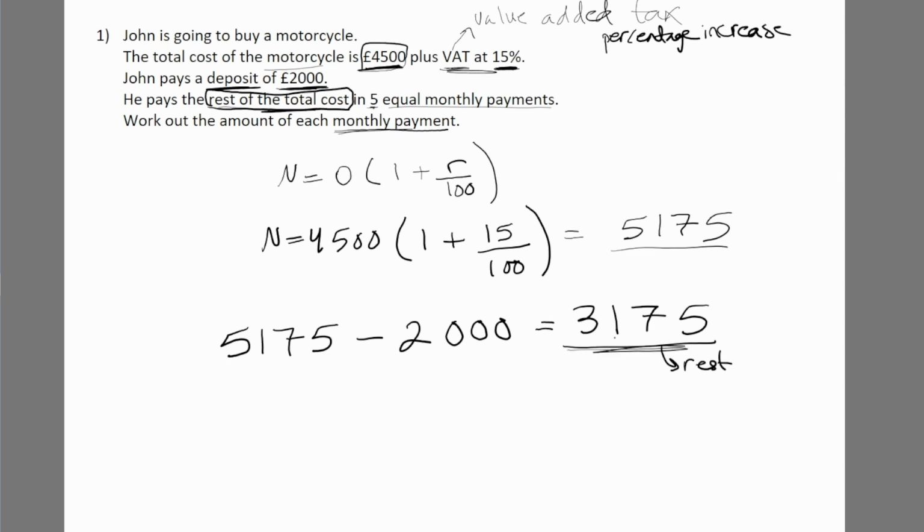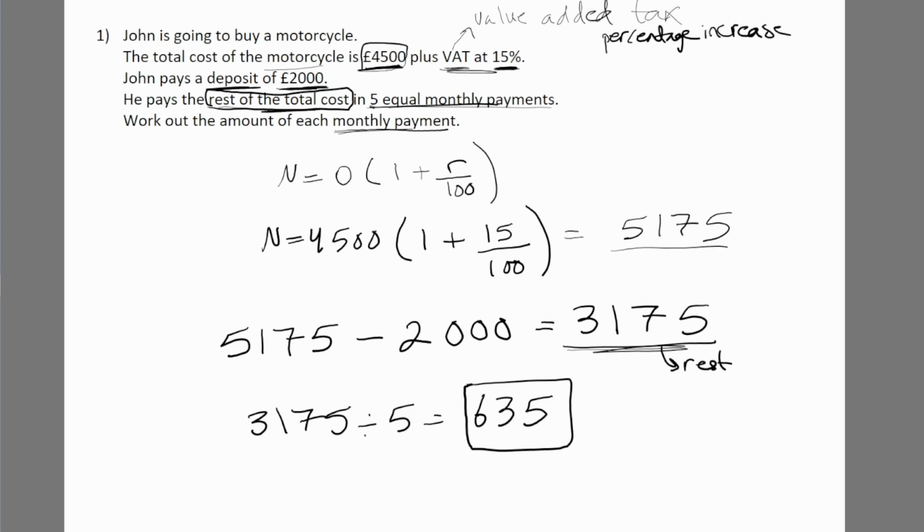So now he's going to pay this money in 5 equal monthly payments. So we're going to go ahead and divide this by 5, and we will get, let me plug it on my calculator, £635. So this is the amount of money that he will pay in every monthly payment. This is the final answer.